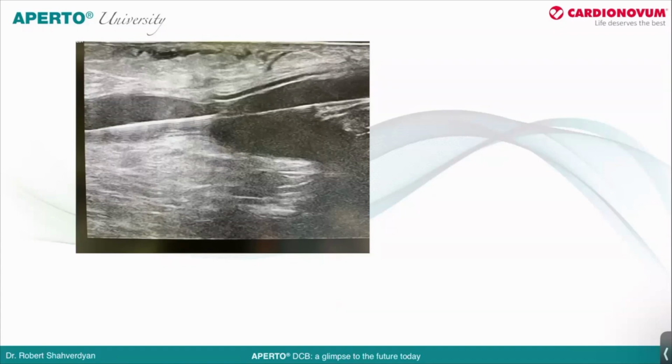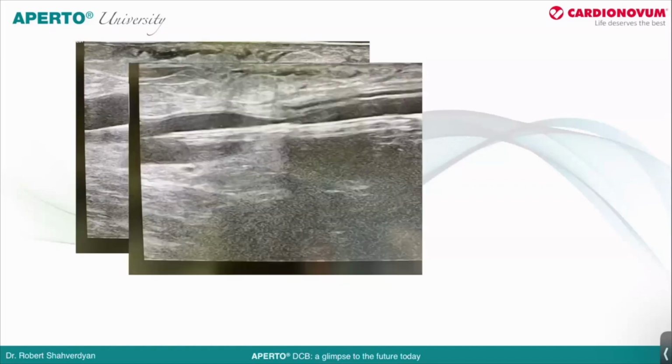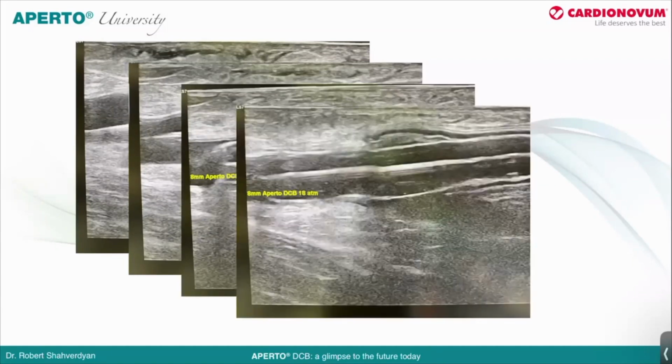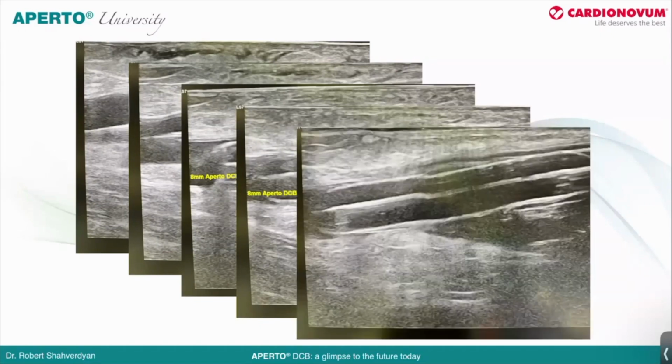You can see we used an ultrasound-guided technique. We wired the stenosis, crossed it over, and used the balloon to do an angioplasty. This is an 8 millimeter Aperta balloon, which is slowly inflated, and at 18 atmospheres reaches complete inflation, which we of course keep for 3 minutes and above. We do an extended prolonged angioplasty in general, but using DCB, of course, 3 minutes is our time.